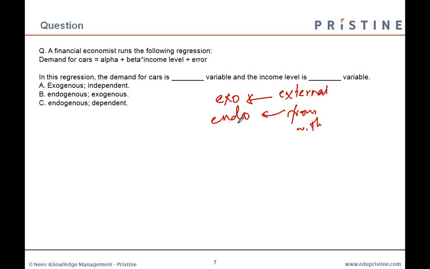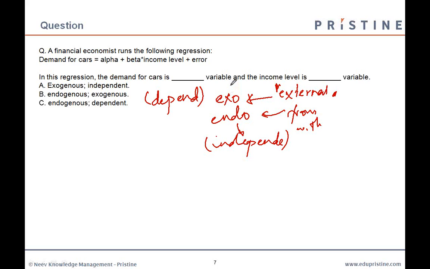So an endogenous variable means this is the independent variable. You can simply change this variable. It has no influence from outside. Exogenous means it is impacted from external factors. So another way of calling independent and dependent variable is independent variable is endogenous and dependent variable is exogenous, that is affected by outside. So what is the answer for this question?